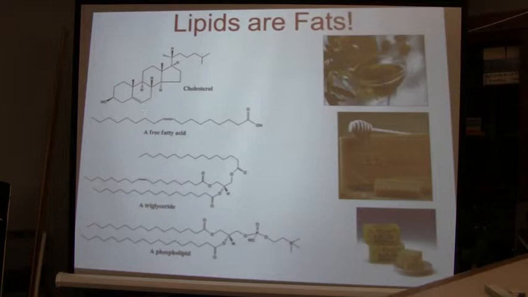We have this fatty acid also. It's a bit more of an amphiphile than cholesterol, but it's still probably not so electronegative that it's going to be a true amphiphile that could form a micelle. It's still mostly going to dissolve in other fats.